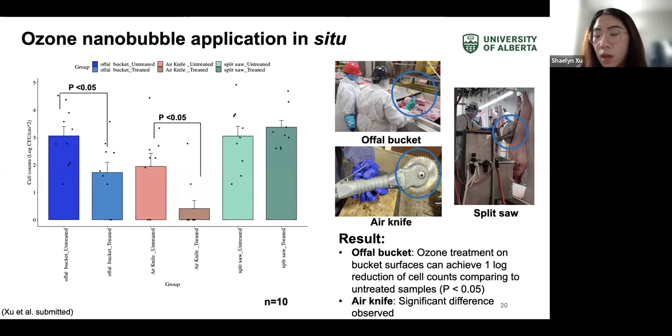For the razor knives, there is also a significant difference between the treated samples and the control samples. However, for the split saw samples, we didn't observe any difference. This could be due to sampling problems.